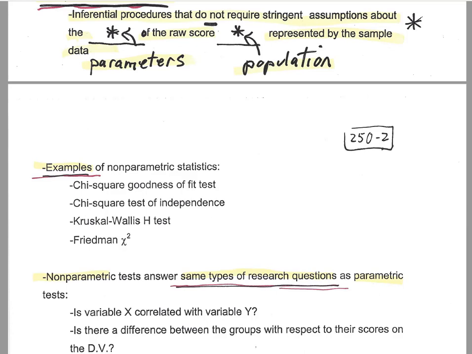There are non-parametric counterparts to the Pearson correlation coefficient that allow us to investigate the same question. Is there a difference between the groups with respect to their mean scores on the dependent variable? I spent a lot of time talking about one-way analysis of variance and how you can use that to determine whether there's a difference between groups with respect to their scores on the dependent variable. Analysis of variance is a parametric procedure. There are non-parametric counterparts that allow you to investigate the same kinds of questions. So there are similarities between the non-parametrics we're talking about now and the parametric procedures we talked about most of the semester.